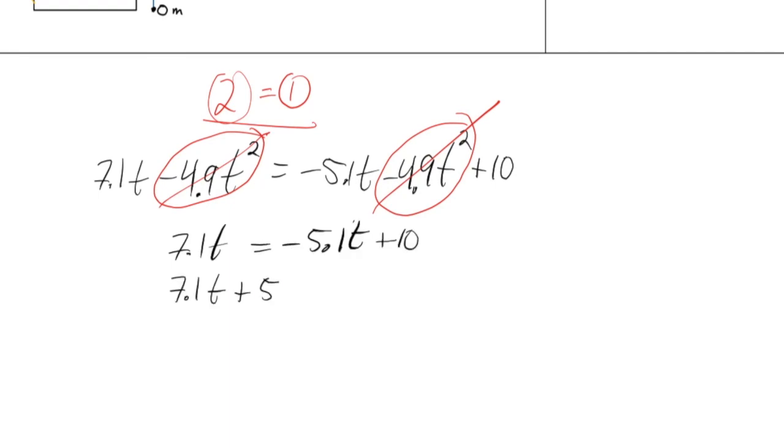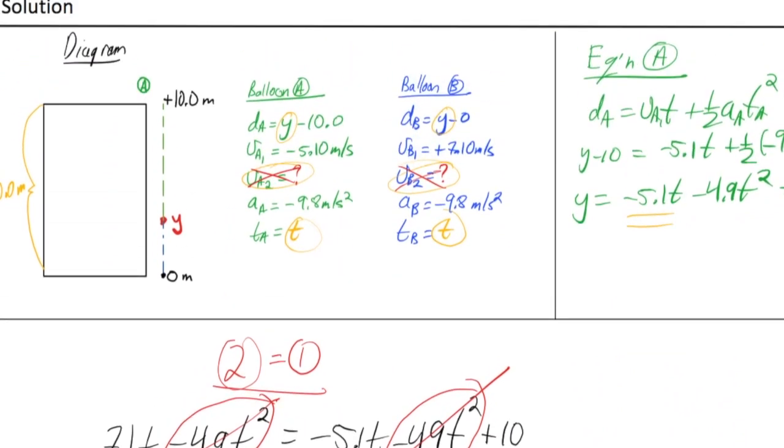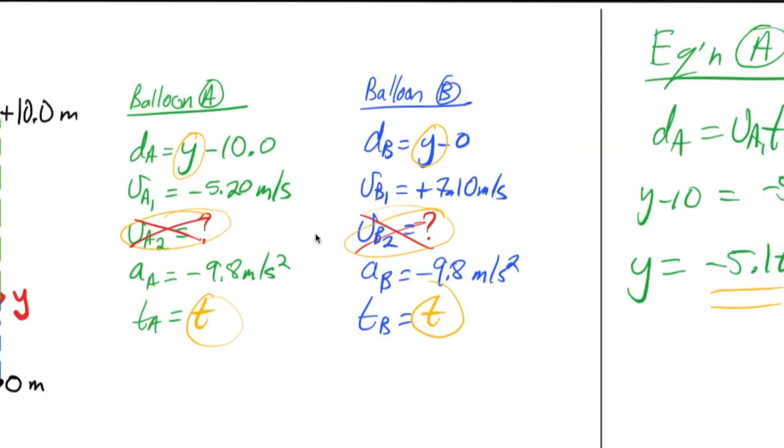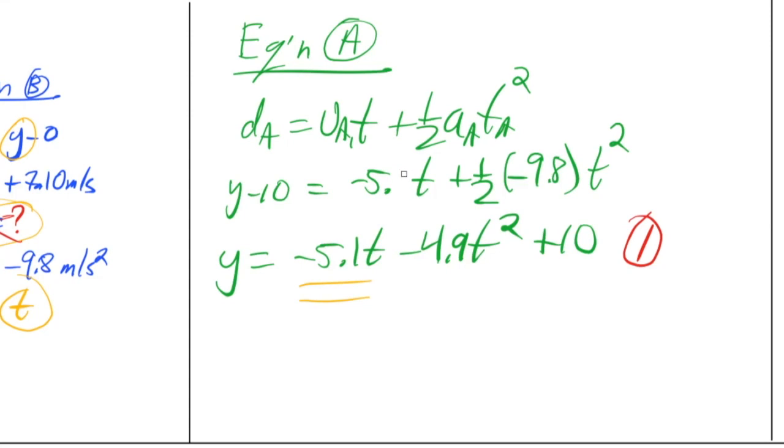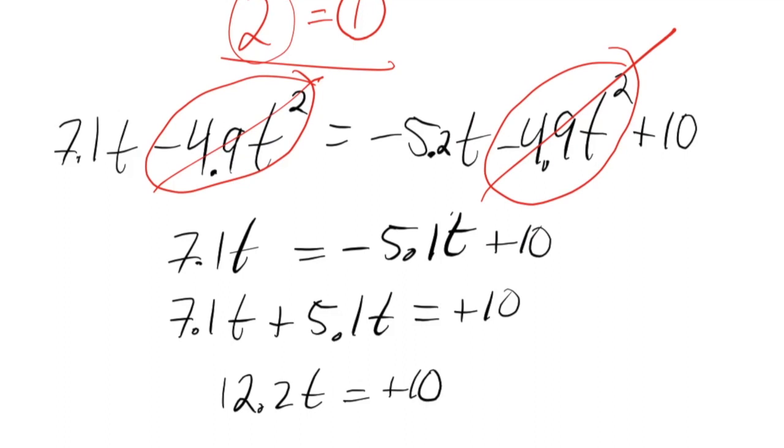So now, collecting like terms, oh, and I just caught a mistake. Not 5.1, but 5.20. All right, well, that's a drag, but we'll fix that. And one more spot, I guess 2 more spots, 5.2, 5.2, and 5.2, which makes that now 12.3.